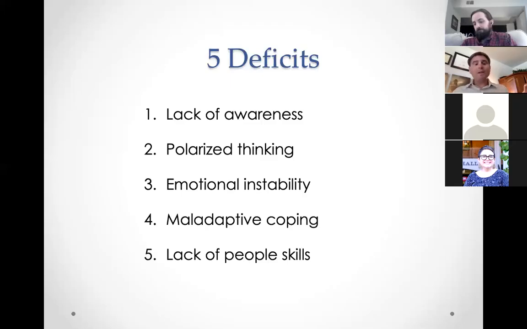So if you think about it, these 5 deficits are a really good summary of borderline personality disorder. Right? If you've ever studied the DSM-5 symptoms of borderline, you'll notice examples from each of these points. Right? This lack of awareness, polarized thinking, emotional instability, maladaptive coping, and lack of people skills. So once again, I wish we had time to unpack that a lot more.